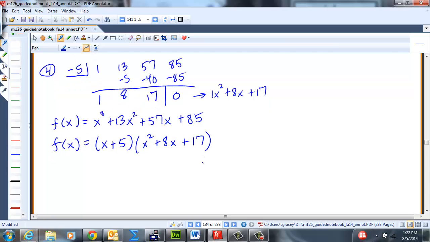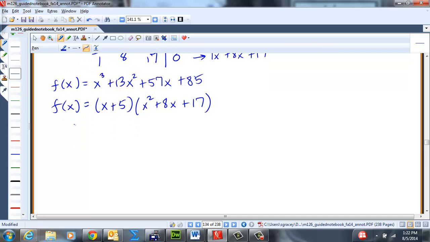Now, finding the zeros. We didn't need parentheses on this one, on either one.